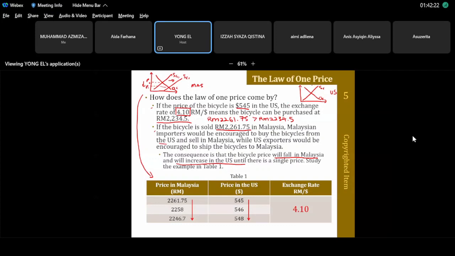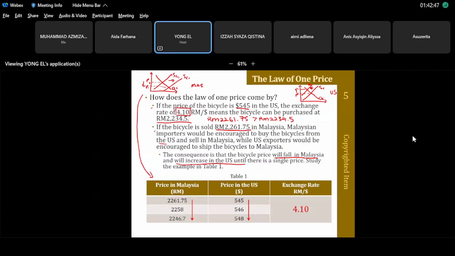The consequence is the supply curve will shift to the left side. The consequence is the price increases in the US. This is what happens in the opposite way in the US. The price in Malaysia decreases while the price in the US increases.